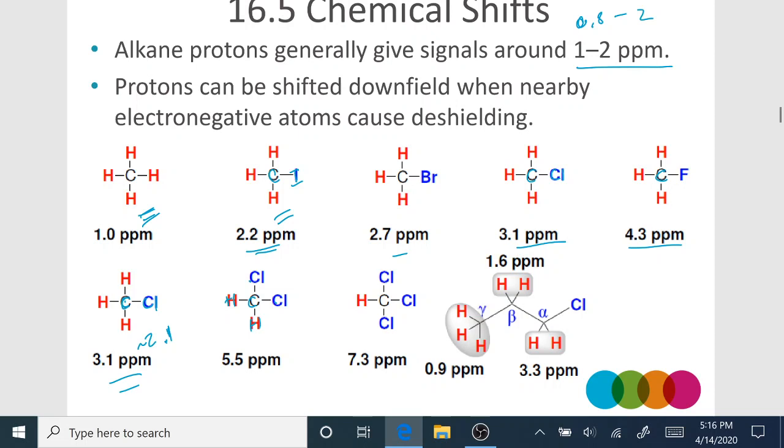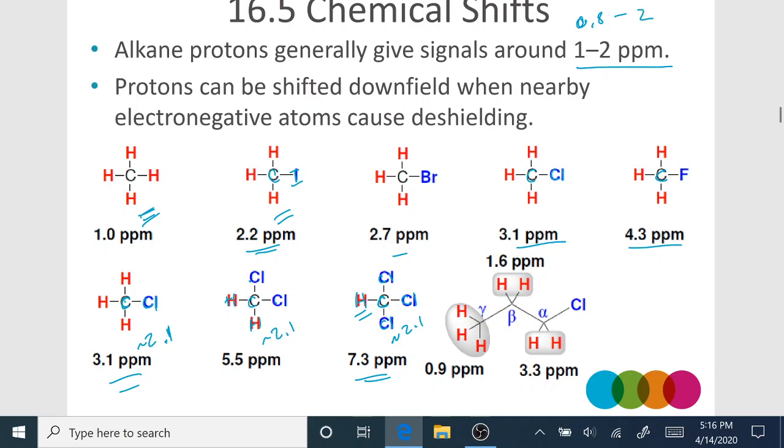So we've added about another 2.1 or so to the chemical shift. If we add 3 chlorines, then that 1 hydrogen that's left is going to show up around 7.3. So we've added about another 2.1 or so to that chemical shift, to the carbon directly attached to the chlorines.